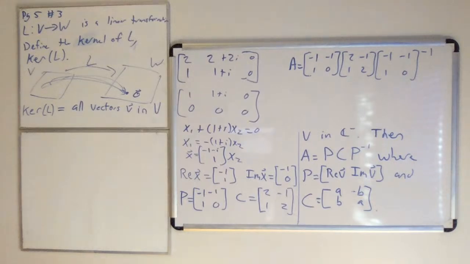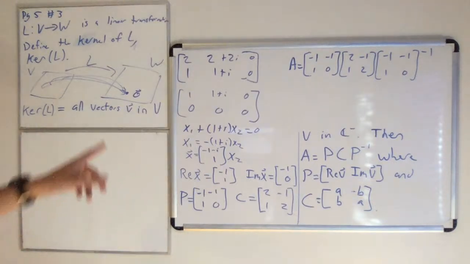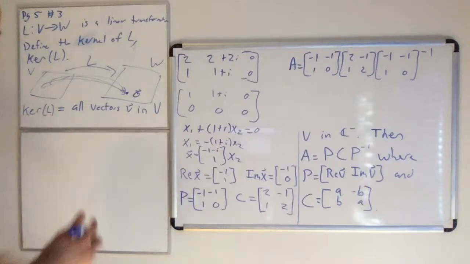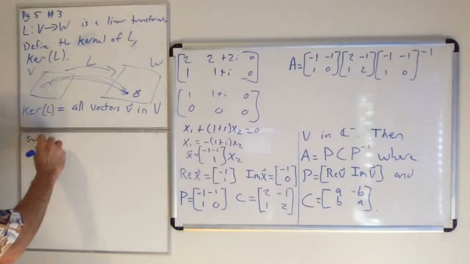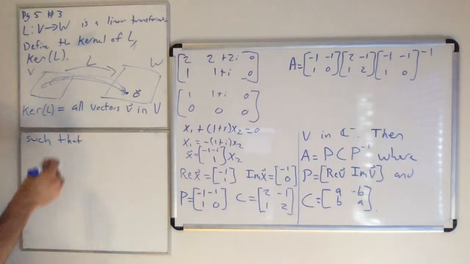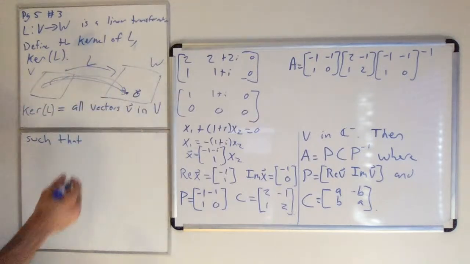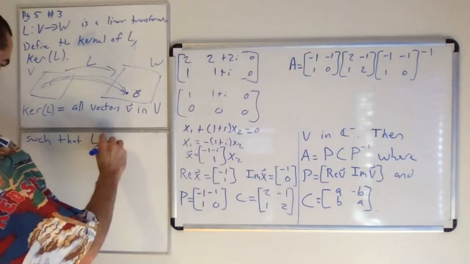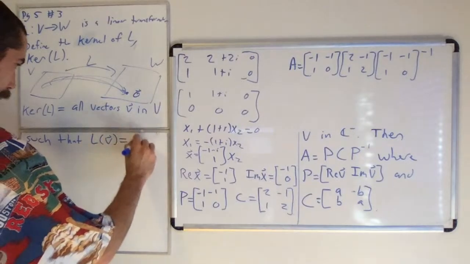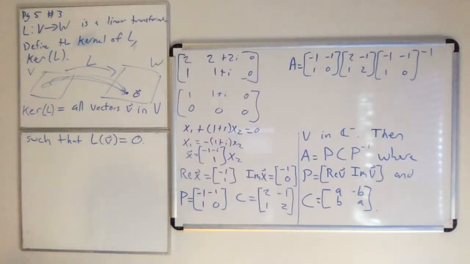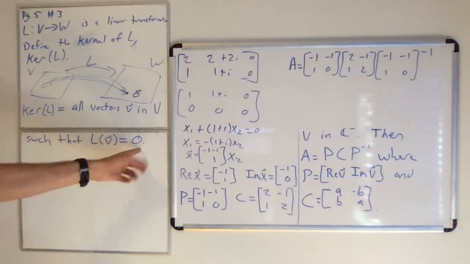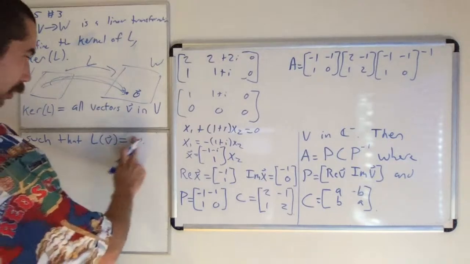All vectors in V that get sent to 0. So all vectors v in V such that if we evaluate the linear transformation at that vector, they get sent to 0, or the 0 vector in W.